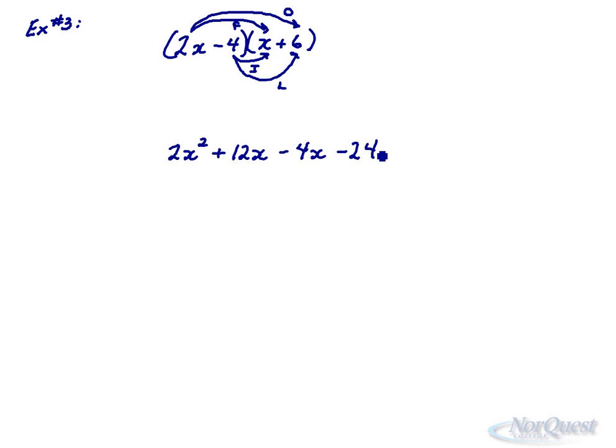Usually your inner terms are like. So we'll get 2x squared, 12 minus 4 to give us plus 8x, minus 24. Quick little expansion there using FOIL. So if you have a couple binomials, you can always use FOIL.